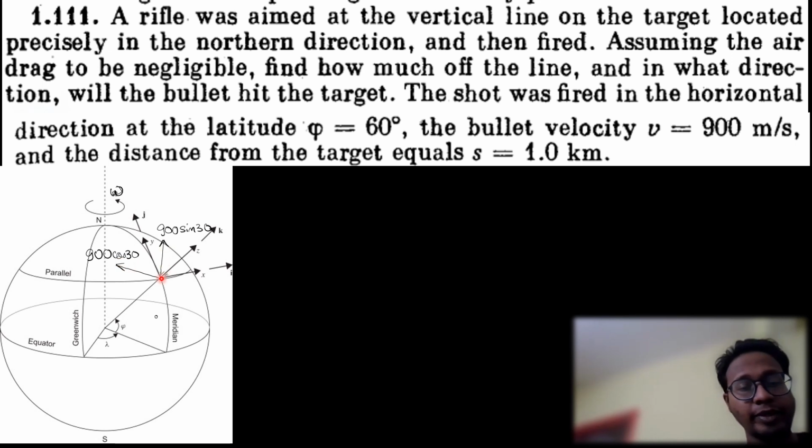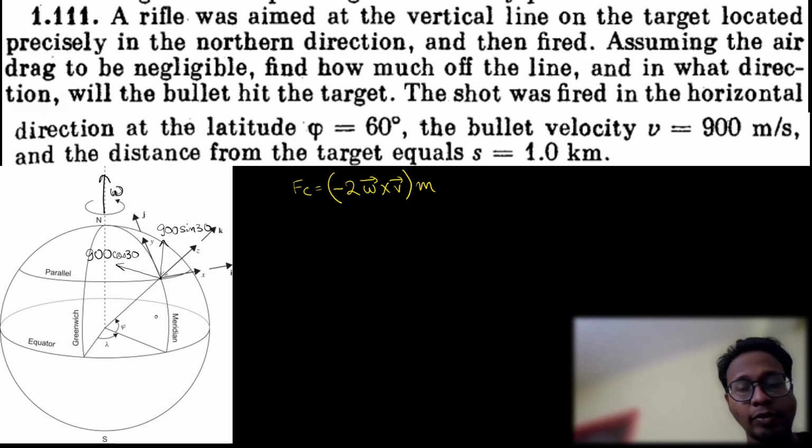Now see, the velocity component of 900 sin 30 will have no Coriolis force. Why? Because what is the formula for Coriolis force? Coriolis force is equal to minus 2 omega cross V, into M. Now the omega vector is upward.